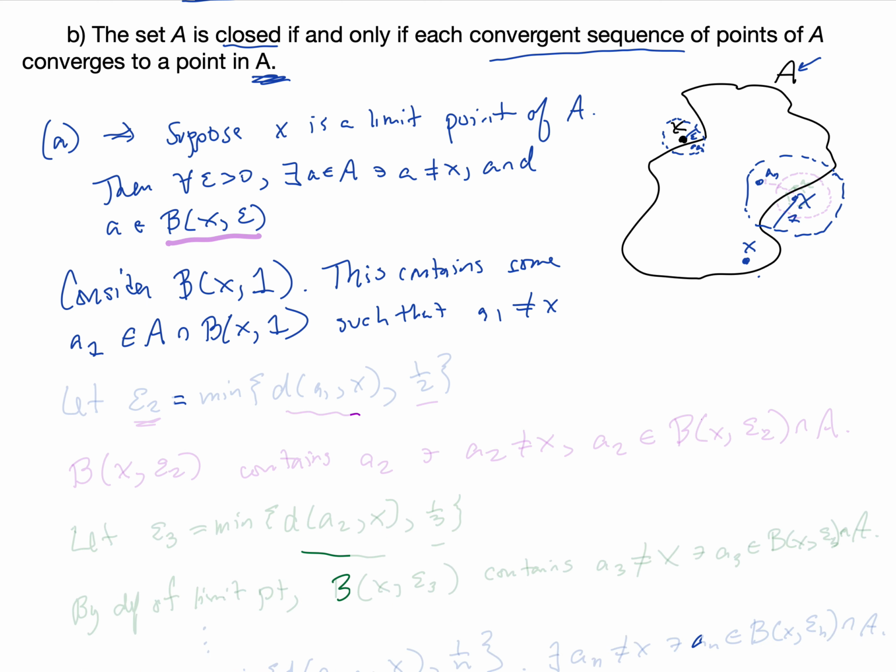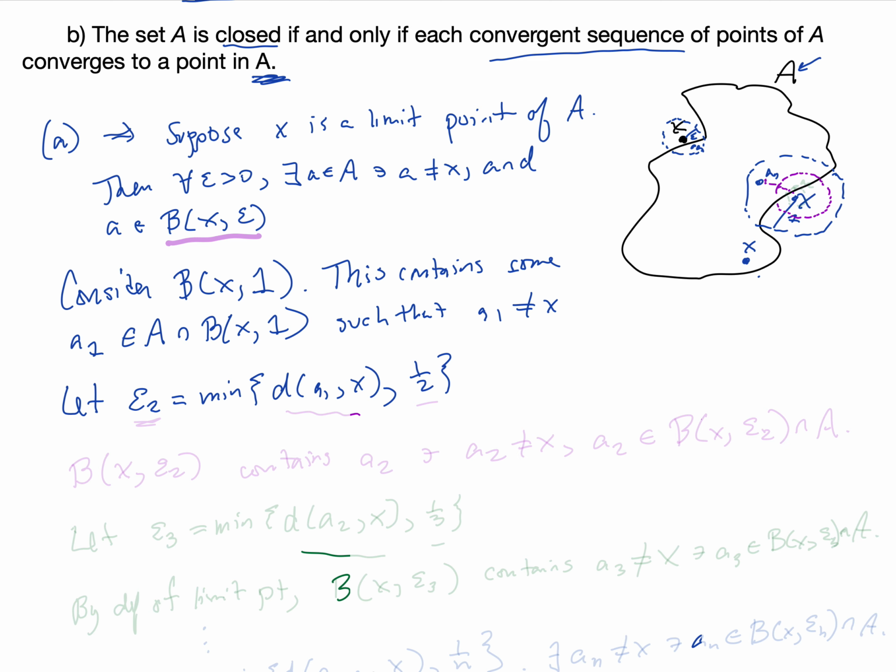Now we want to make a new ball, and we're going to let epsilon 2 be the minimum of the distance between this A1 and this X, and 1/2. Here's the distance between X and A1, and it looks like in this case, the way I've drawn my picture, 1/2 would be less than that because our original ball was of radius 1.